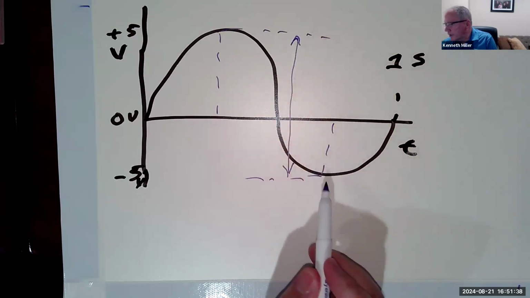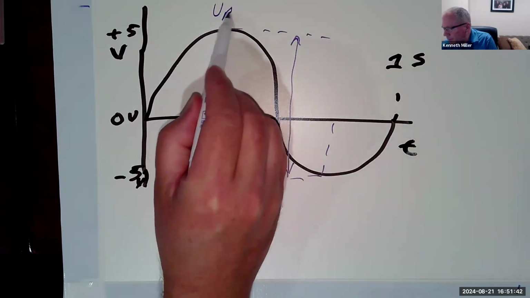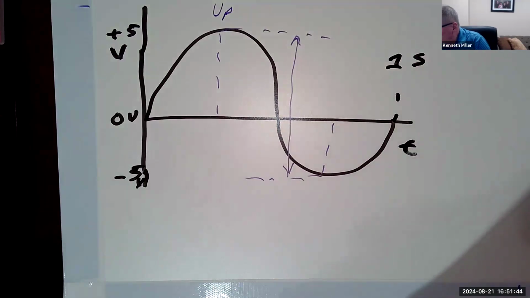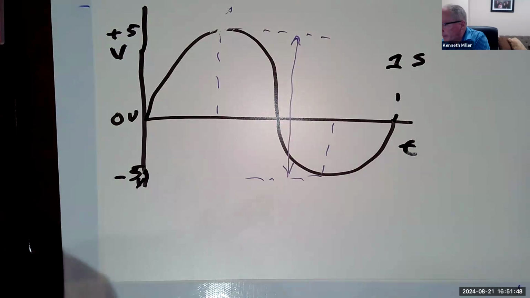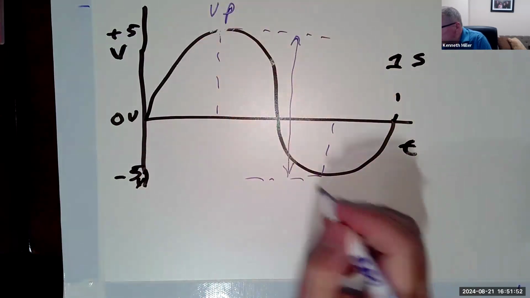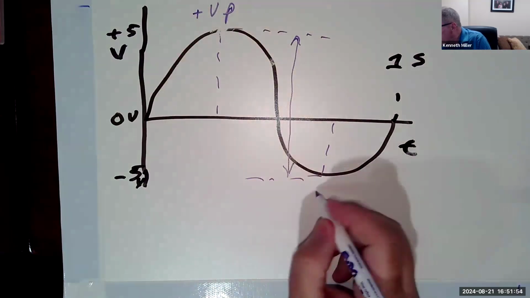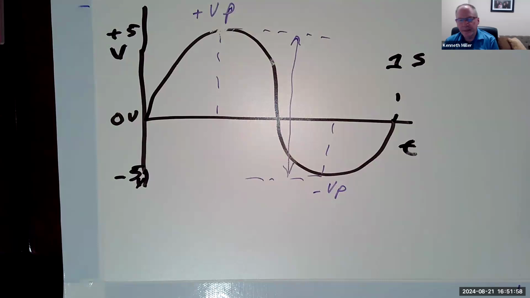Because it's going from peak, this would be voltage peak, and that's a V, not a U. And this is our positive voltage peak. This would be our negative voltage peak, okay?